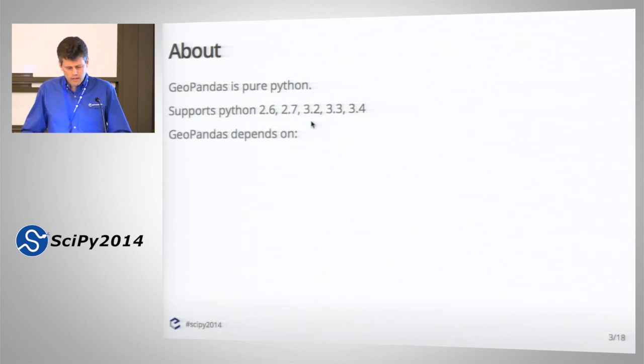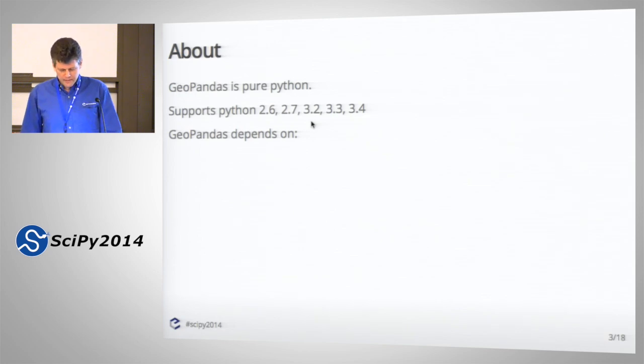So just generally about the GeoPandas package, it's written in pure Python, so there are no compiled libraries internal to GeoPandas. The dependencies have a lot of compiled things, and you'll see that. But if you can install the dependencies, you should be able to install GeoPandas.